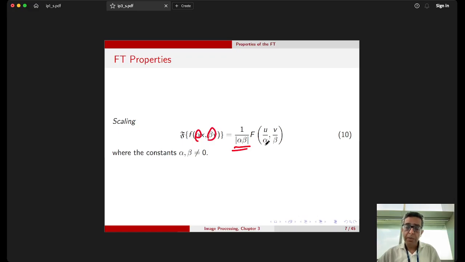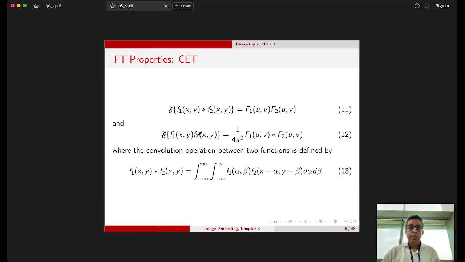This is what gives us the inverse result. So contracting in the spatial domain expands in the Fourier domain, and expanding in the spatial domain contracts in the Fourier domain.